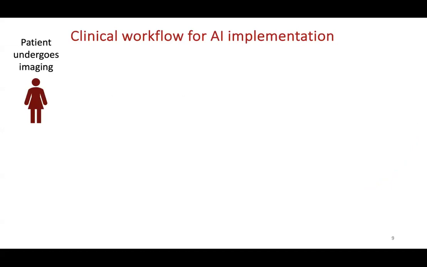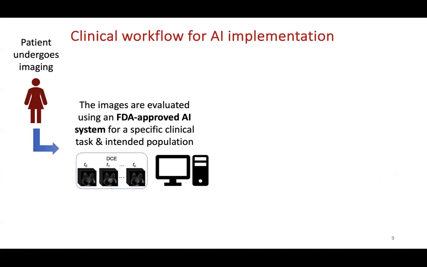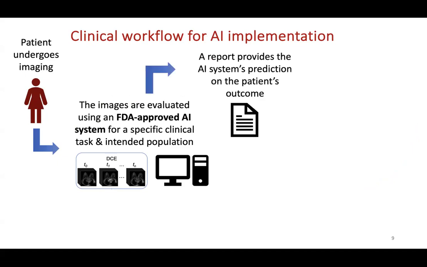So let's look at how this would work. A patient undergoes imaging. The images are evaluated using an FDA-approved AI system for a specific clinical task and an intended population. The report is then generated using whatever is the output from the system.